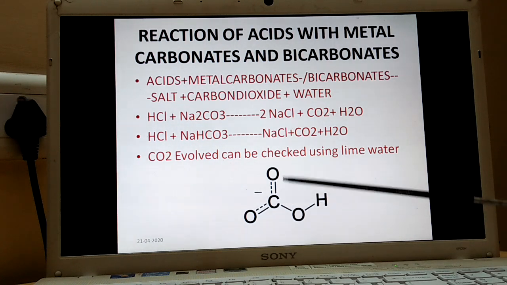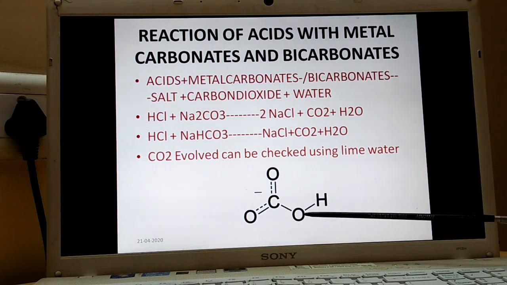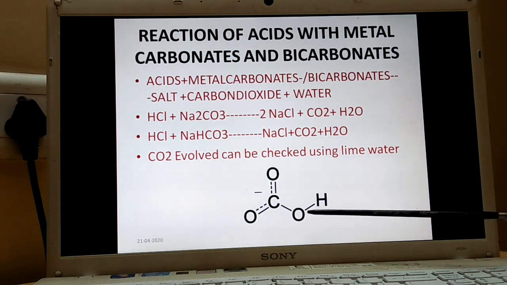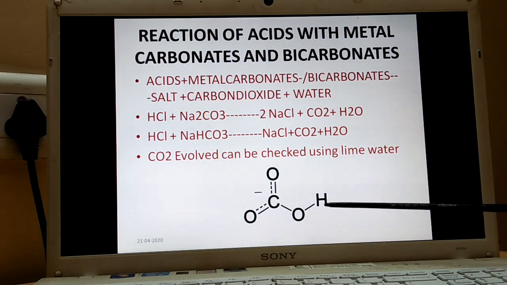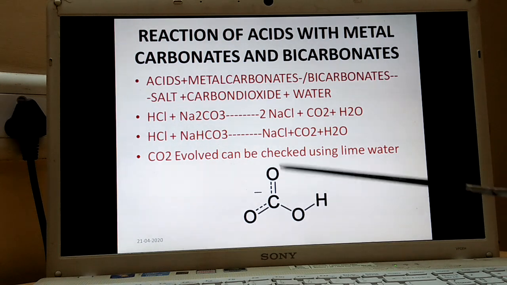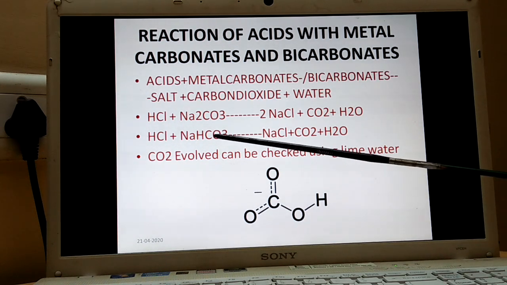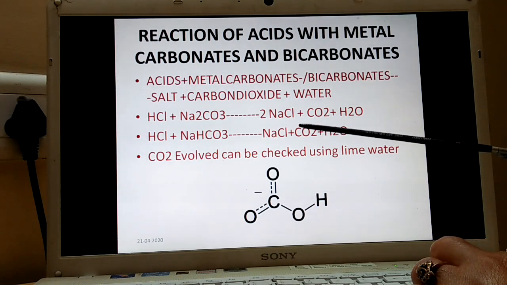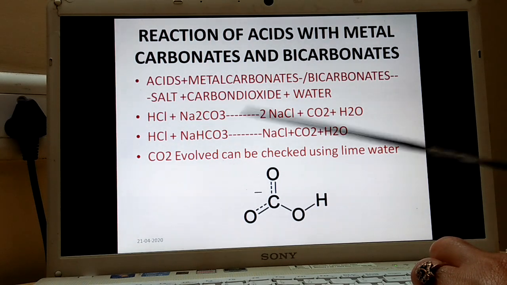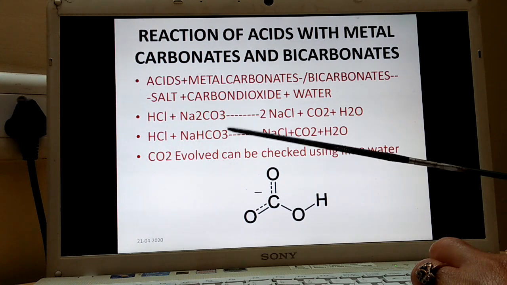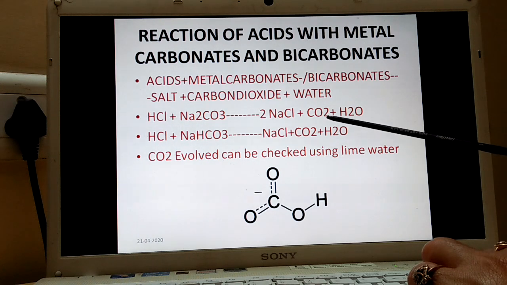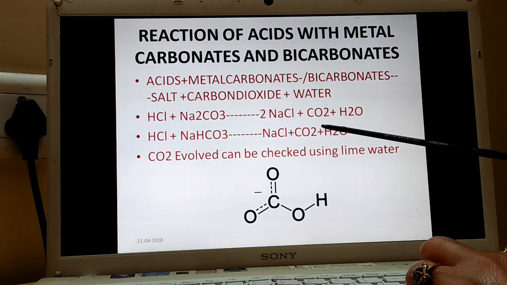So one carbon is attached to 3 oxygen atoms. 2 oxygen atoms have a double bond and 1 is attached in the form of this structure. So from these reactions, we can easily learn how carbonates and bicarbonates react with acid, and the gas released in both the cases is carbon dioxide.